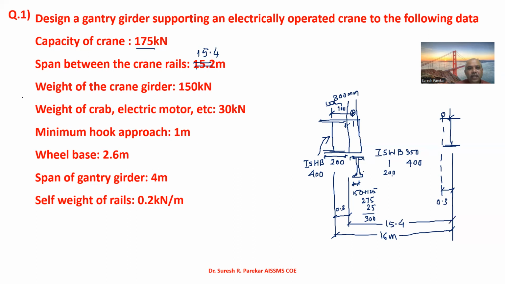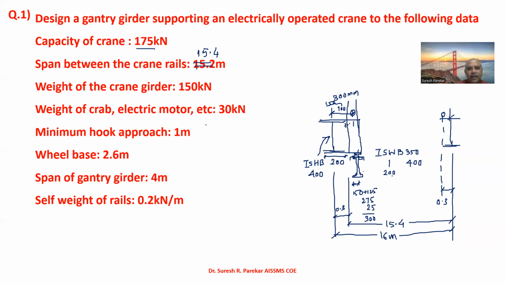So we have the span between the crane rails, because the rail is at the center of this. Therefore 0.3, 0.3, 0.6, and this goes to 15.4.